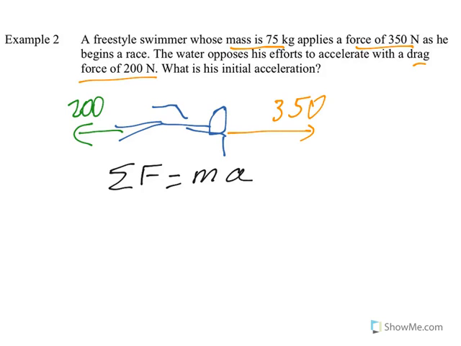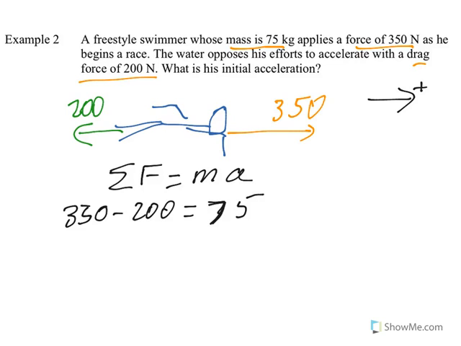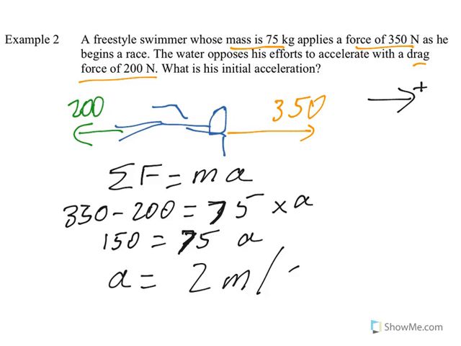Seeing as it's just in one dimension, if I take to the right as being the positive direction, it'll be 350 minus 200 equals the mass, which is 75, times the acceleration. So 150 equals 75a. So the acceleration would be 2 metres per second squared.